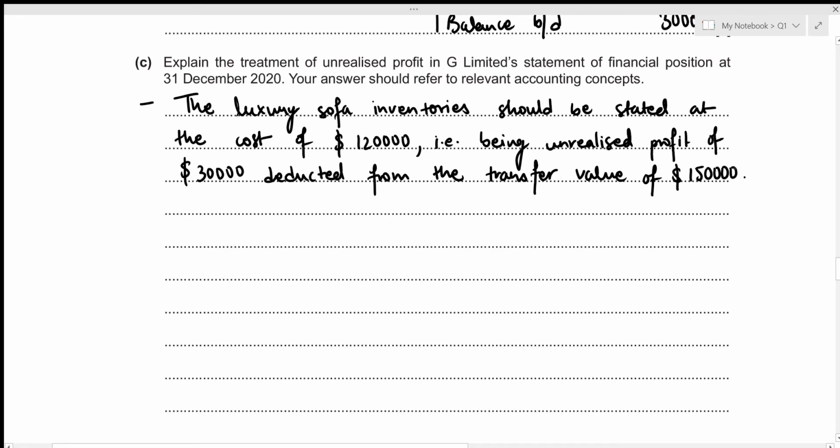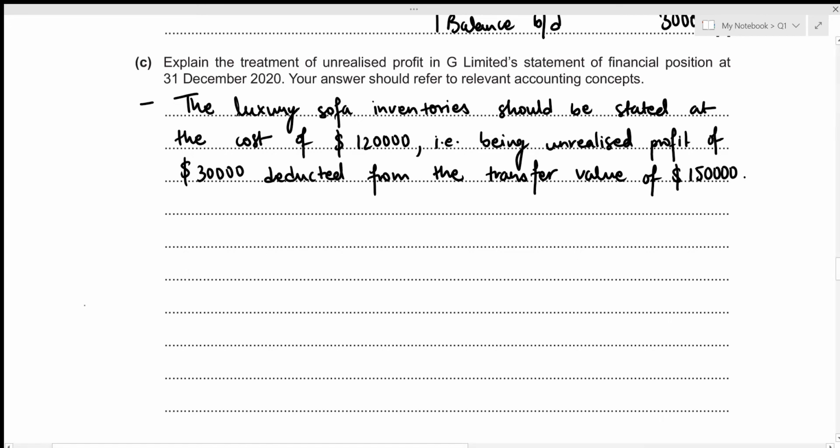So this is just the treatment of unrealized profit. We now need to refer to relevant accounting concepts as well. So like I said before, the inventories have not yet been sold, so we cannot really realize the profit. And this actually refers to the prudence concept, which suggests that the assets is not overstated, and since closing inventory is an asset, if we include the profit, it would definitely have been overstated.